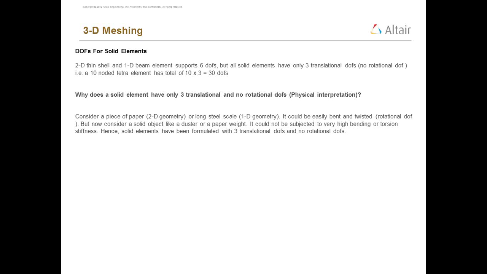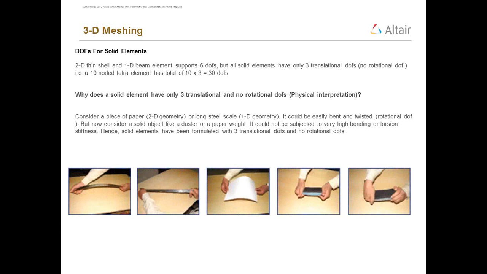But now consider a solid object like a duster or paperweight. It could not be subjected to bending or twisting easily because of very high bending and torsional stiffness. Hence, solid elements have been formulated with 3 translational degrees of freedom and no rotational degrees of freedom, as you can see in the images.